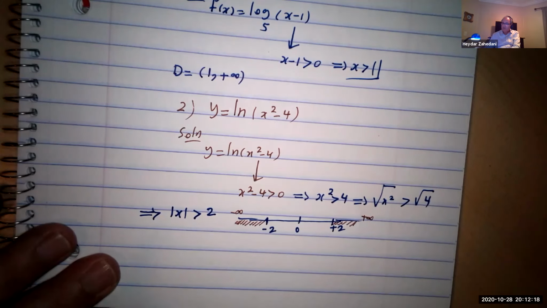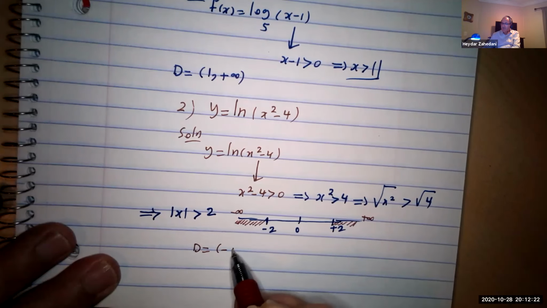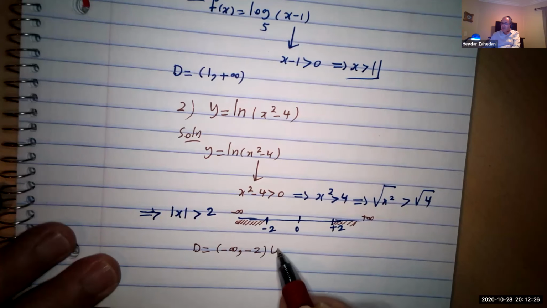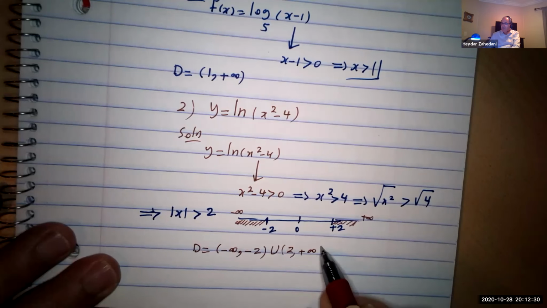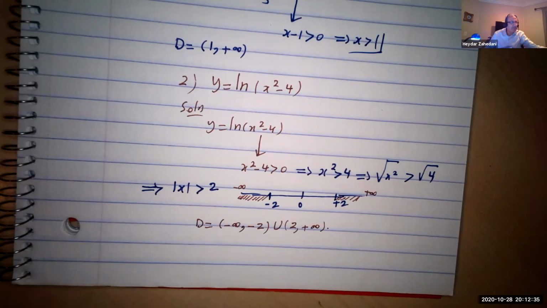So what's going to be your domain? Domain starts from negative infinity, stops at negative 2, union with, start at 2, and you go on forever. So that gives you the domain of the function.